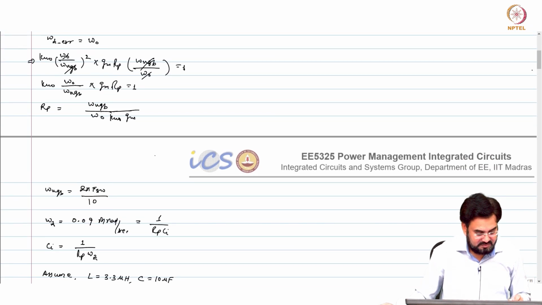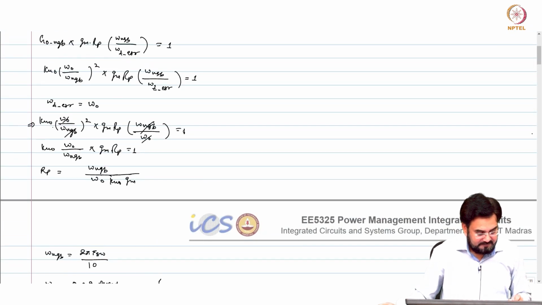See, if this factor is not there, omega UGB or omega naught, then you will have only this one. So, your RP will be different in that case. Okay. So, right now we are not considering that 0.